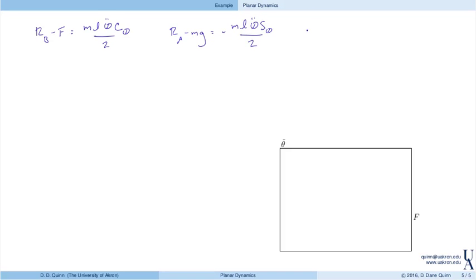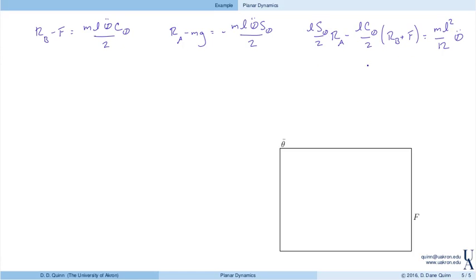And finally, from angular momentum balance, we have L sine of theta over 2 times RA minus L cosine of theta over 2 times RB plus F equals mL squared over 12 times theta double dot.